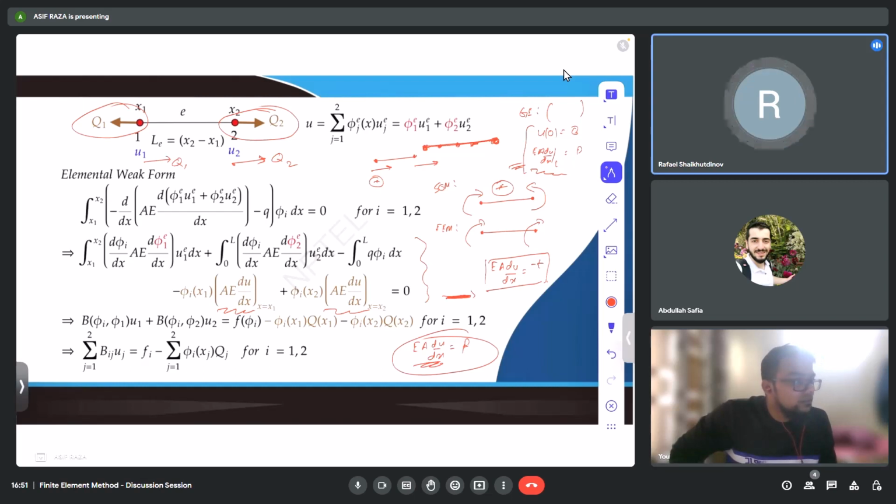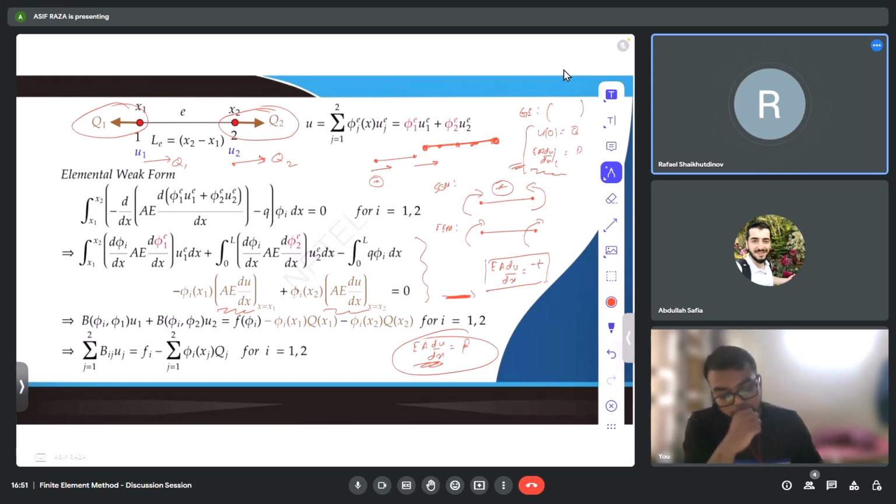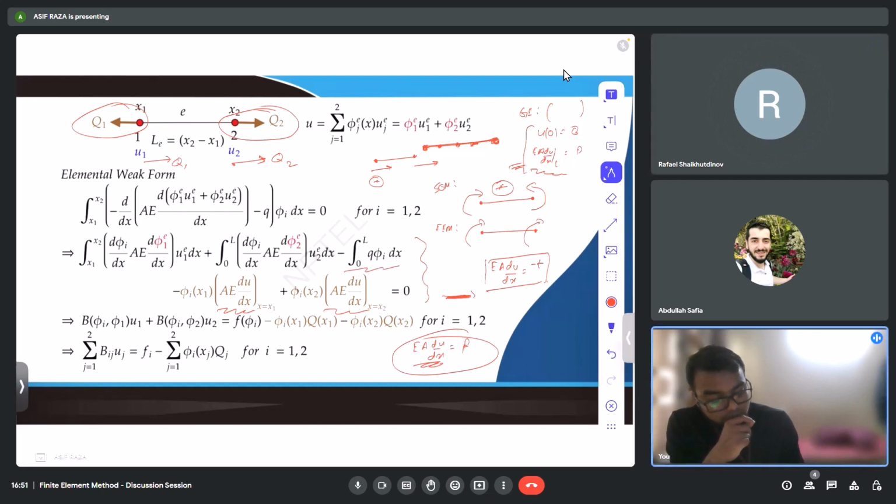Now, in strength of material, we have an internal force from which we can obtain stress. But the finite element method considers this as an external term. This is a point I miss here. The external forces, where the forces are applied, come from this part. These are internal forces. I beg to differ.